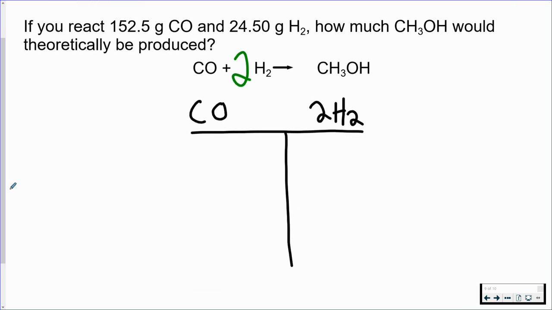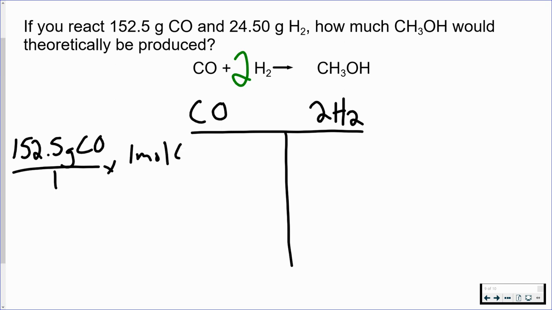You're going to take your givens of your reactants and convert them to moles first. So you take 152.5 grams of CO over 1, and convert it to moles, which you guys have all done before. The molar mass of that is 28.01.